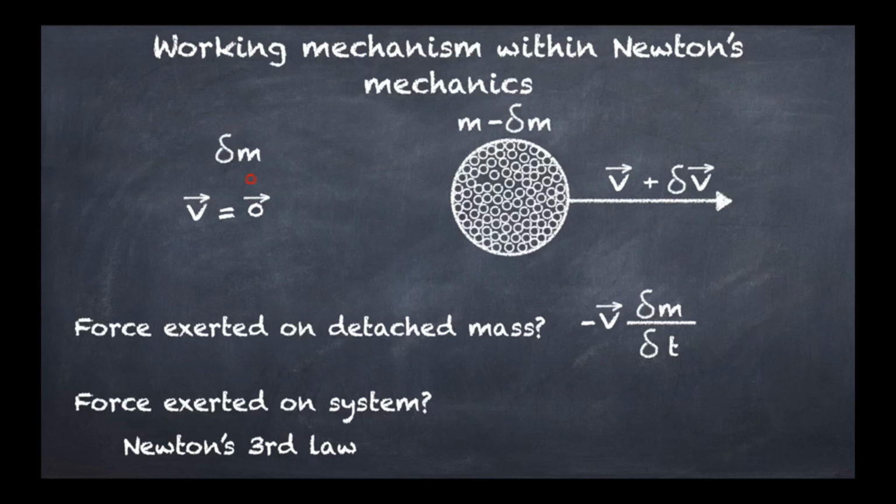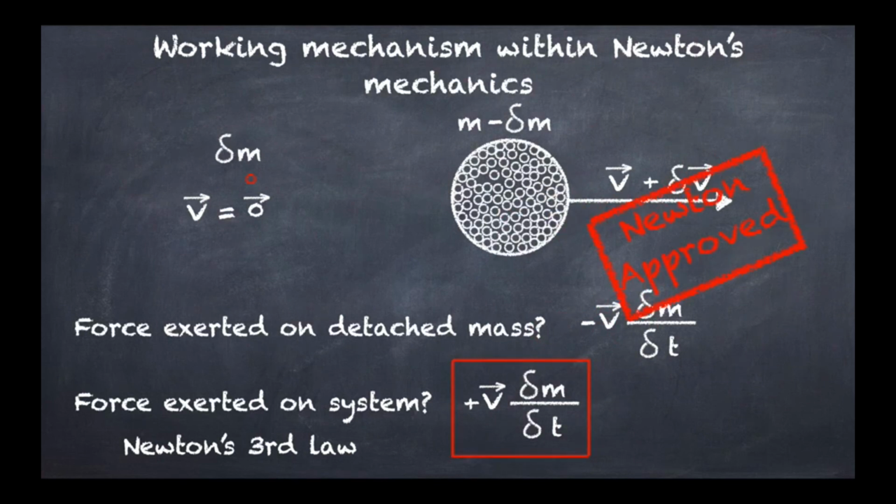And as a result, the force applied on the main body is plus v delta m over delta t. And as you see, this is the very same term as this forward accelerating force due to mass loss that we saw earlier. The difference here compared to the one we've seen before is that now this is in a context that is in accordance with Newtonian mechanics principles.